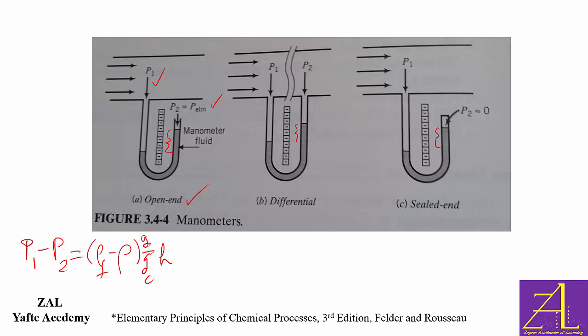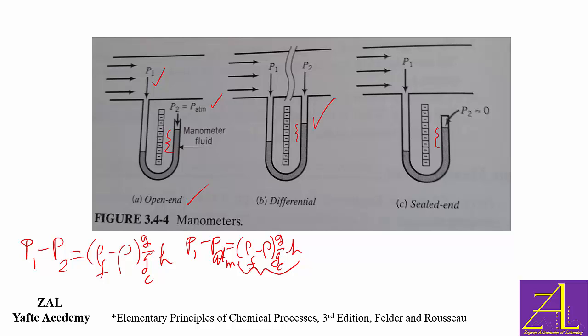If we apply the equation, that would give us P1 minus P atmosphere equals rho F minus rho G over GC H. This reading will be gauge pressure, and open-ended case will read gauge pressure inside the pipe.